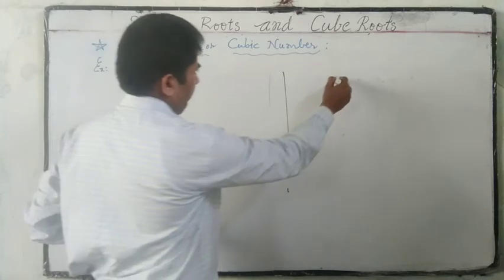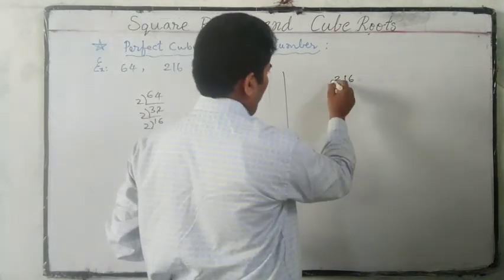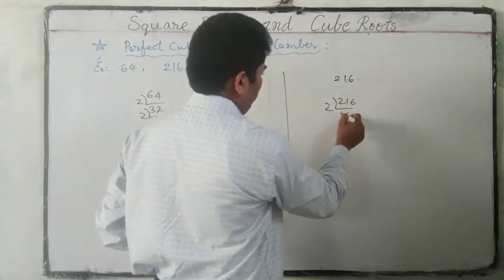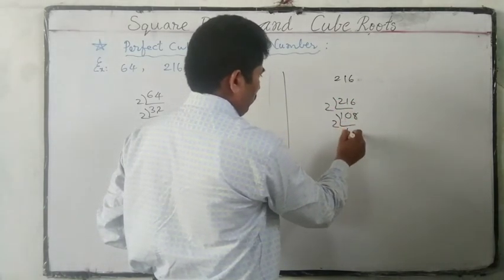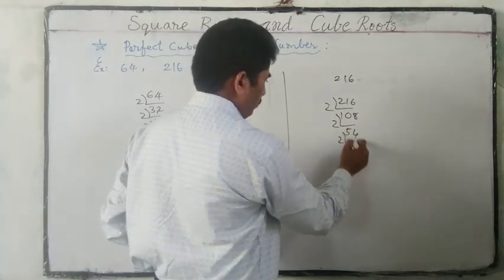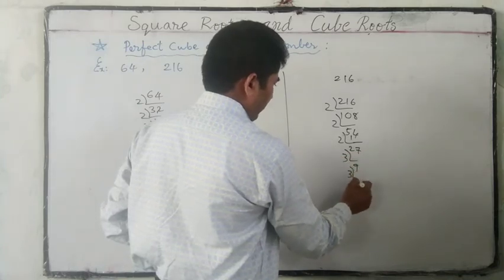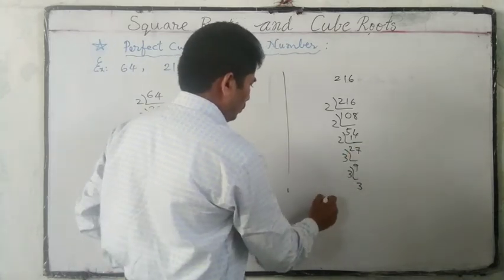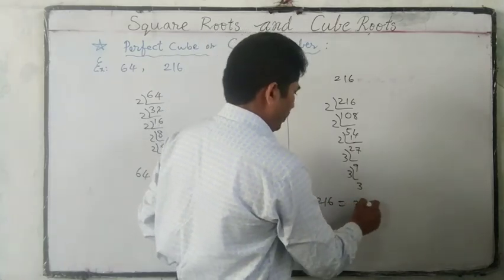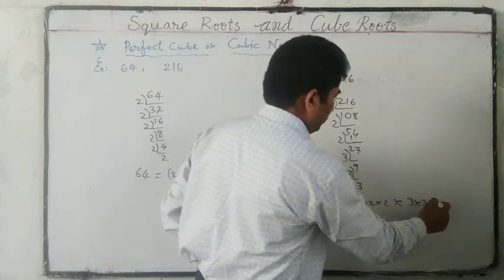Next, 216. 216 is equal to 2 into 2 into 2 into 3 into 3 into 3.